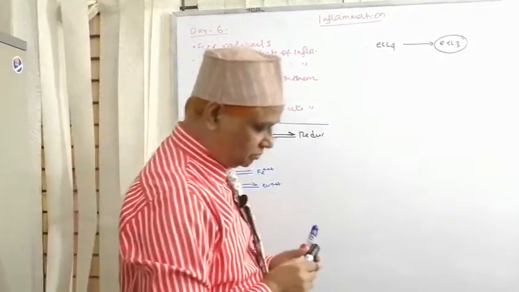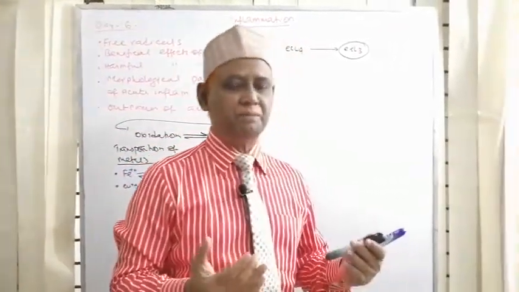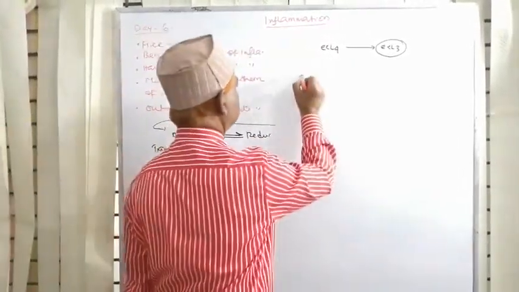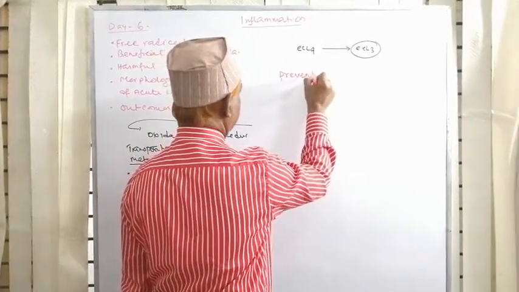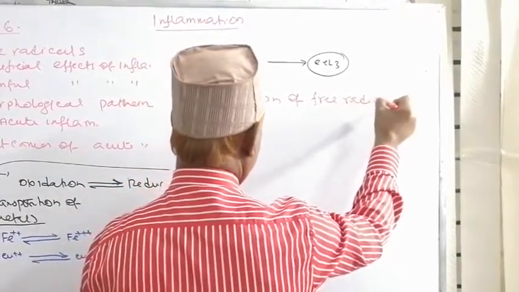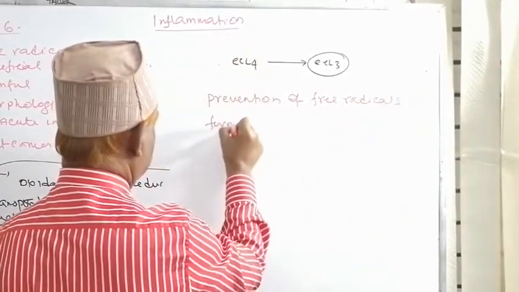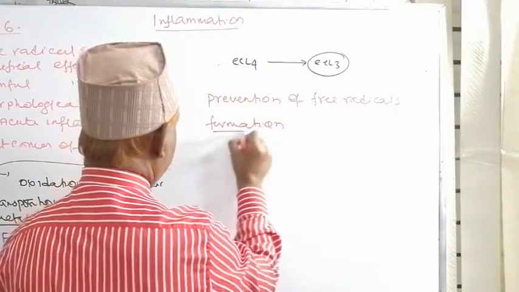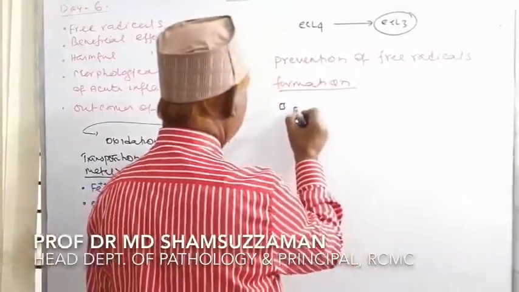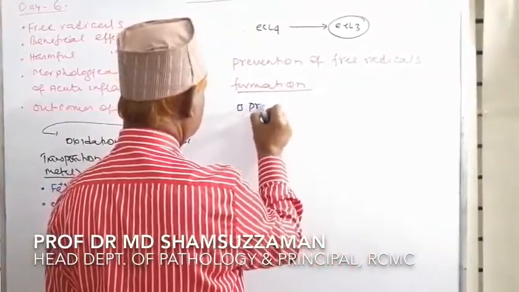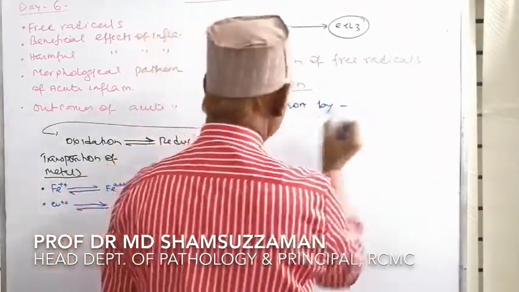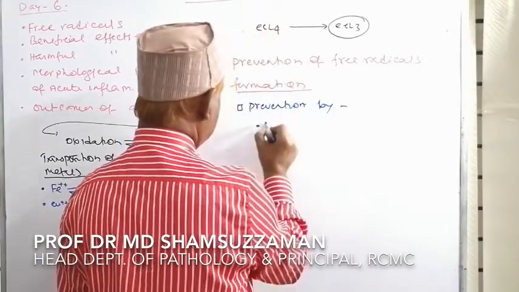Now come to how free radical formation in our body is prevented. Prevention of free radical formation. Number one, prevention by transferrin.